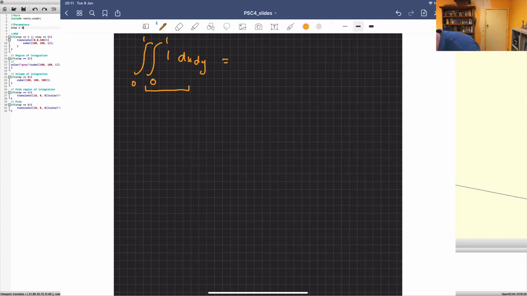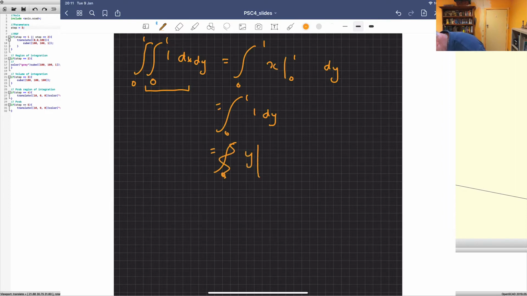So the outer bit is dy, and inside x goes from 0 to 1. So that is the integral from 0 to 1 of 1 dy. Now this is a standard univariate integral, so that's y from 0 to 1, which equals 1. So by doing the integration, we got exactly what we expected, which was that the volume of that cube was 1. So that seems to be a valid probability density function.